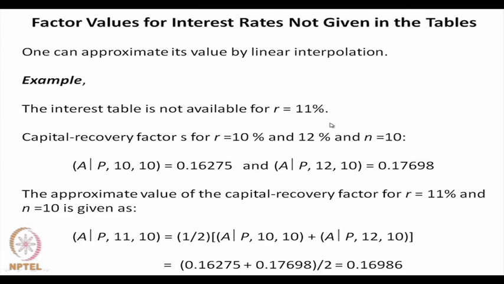Now, sometimes tables are not available for certain interest rates. For example, in this particular case, we have taken r equal to 11%, for which the table values are not available. R equal to 10% is given and for r equal to 12% the values are given for n equal to 10.